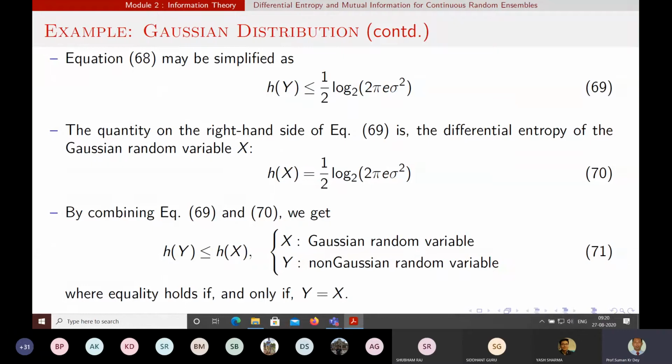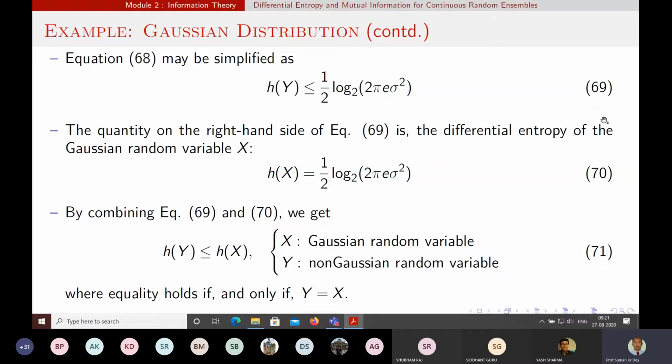In that case we can write this term, because x with respect to s, the value will be equal. So that's why we can write equation 69. Using 69, we will get the entropy for a random variable x, and that will be equal to this.